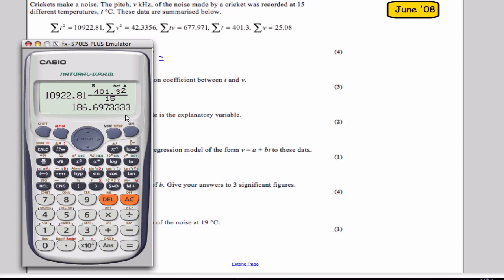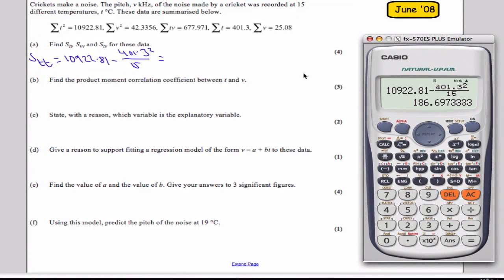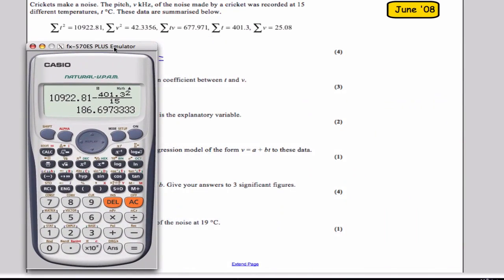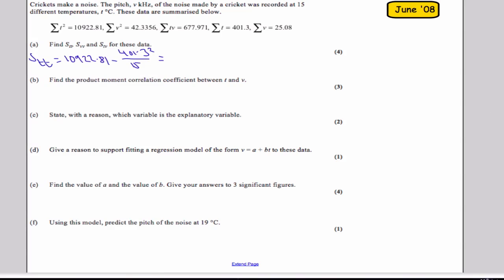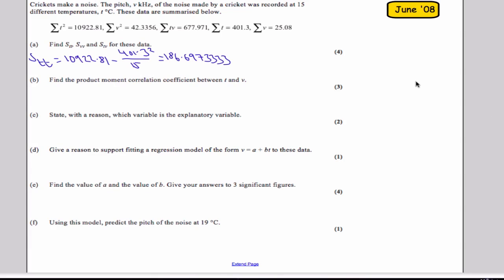Now, I'm not actually going to round this at this point because I'm just looking at part 2. It asked me to find the PMCC. I want to keep things as accurate as possible, so let's take the exact answer, 186.6973333. Excellent.